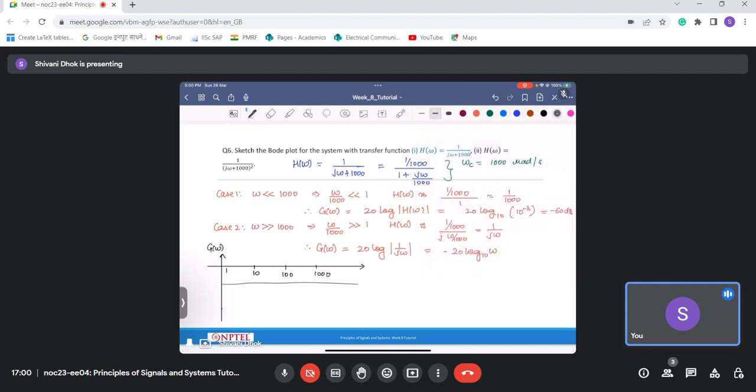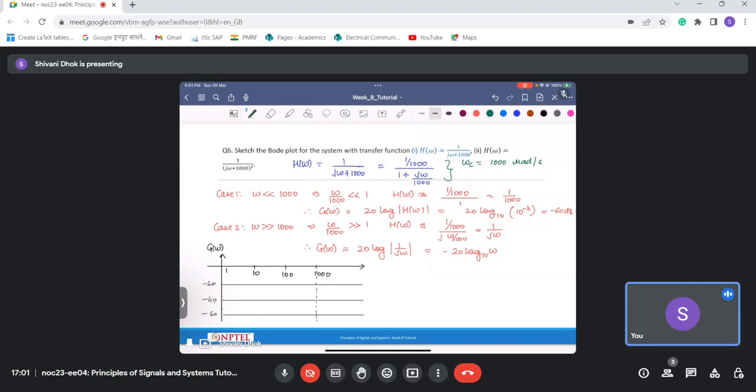Let's say this line corresponds to minus 20, this corresponds to minus 40, and this corresponds to minus 60, till this corner frequency, that is omega equal to 1000.